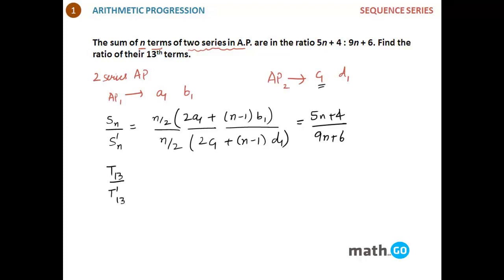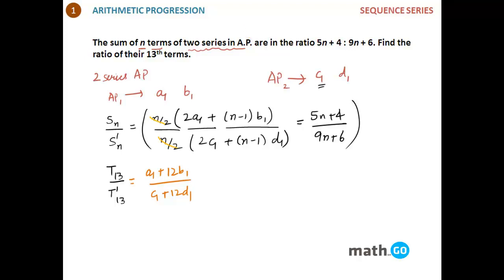So let us first of all see what actually is this particular ratio. So this becomes A1 plus 12B1 divided by C1 plus 12D1. So this is the particular thing which you require out of this problem, right? How will we do this? We are given this particular stuff here, but we need to find the answer in these two terms. So if I see first of all this n by 2, this n by 2 gets cancelled, right?